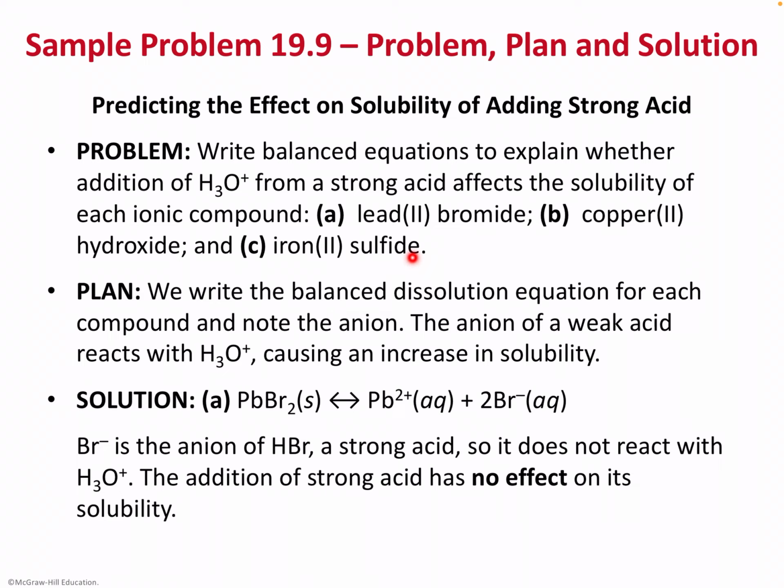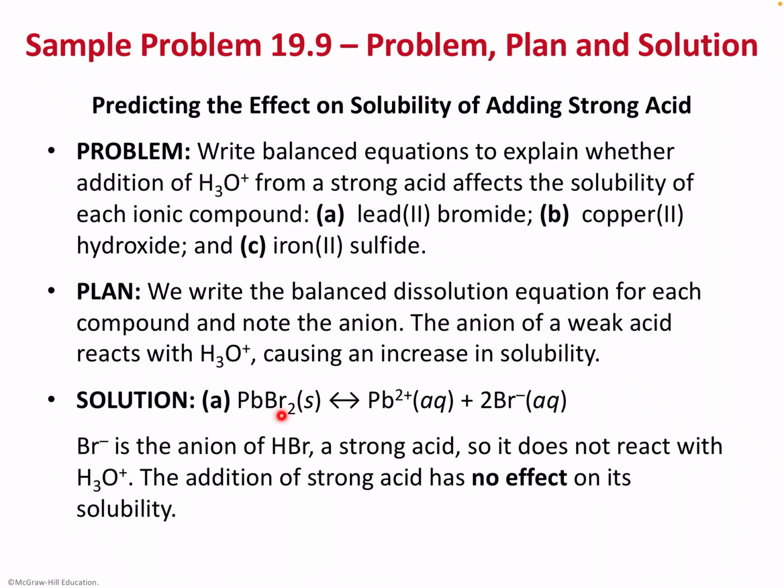First we have to write the balanced equation, and then we're going to see if any of these ions are going to react with the added hydronium ion. We write the balanced dissolution equation for each compound and then note the anion. The anion of a weak acid reacts with hydronium, causing an increase in solubility.